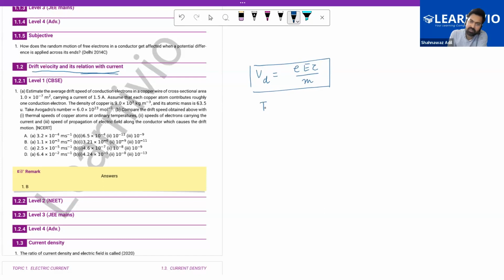That relation was I = nAeVd. Right. So in the next class, we will do some questions using these two relations. Only this part is needed; this part is not needed.